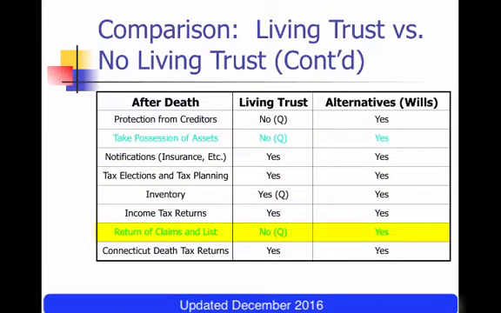The return and list of claims, I mentioned before, the procedure for dealing with creditors. And in Connecticut, after a certain period of time goes by, it's 150 days after the executor is appointed, the executor is supposed to file a report with the probate court called a return of claims and list of creditors. That's to identify the creditors who have made claims during that period and how the executor has disposed of those claims.